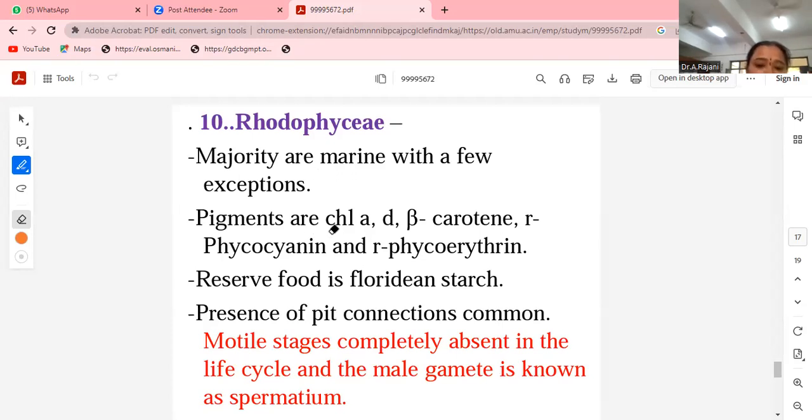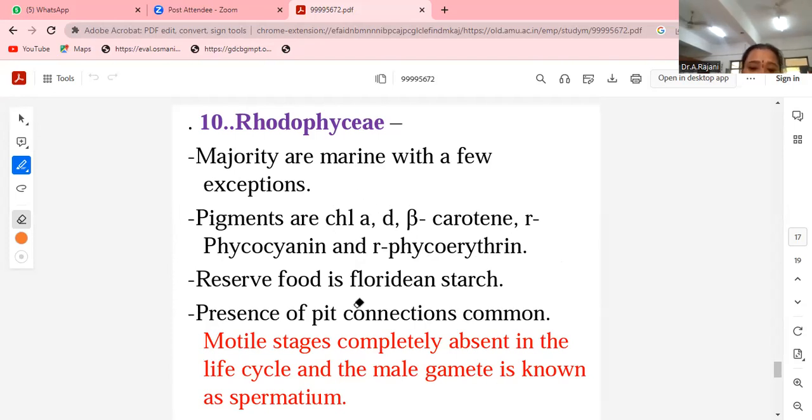The pigment system here: chlorophyll D. Phycobilins are there. Phycoerythrin and phycocyanin both are present, and phycoerythrin is very dominant. That's why this class is Rhodophyceae, the color is red. Beta carotenes are also there.